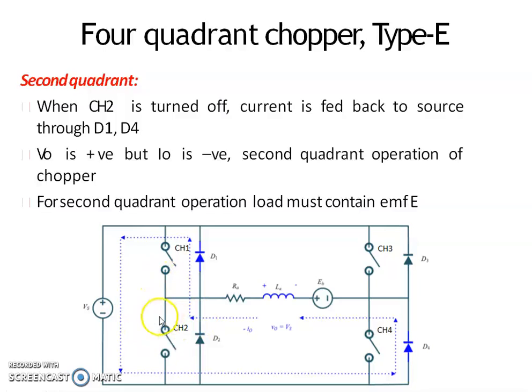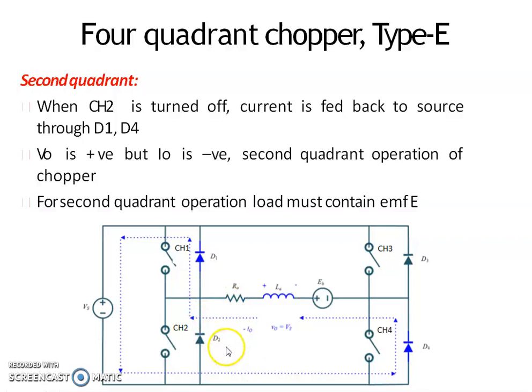When CH2 is off, the voltage across the load is equal to E plus L di/dt, which is greater than the source voltage. Therefore diode D1 will become forward biased. Then the energy stored in the load will be fed back to the source through the diodes D4 and D1. That is the second quadrant operation.